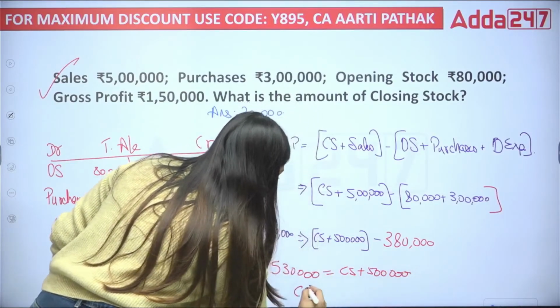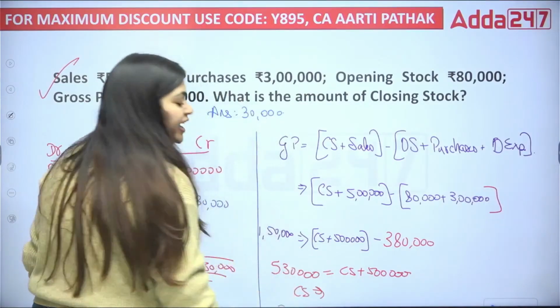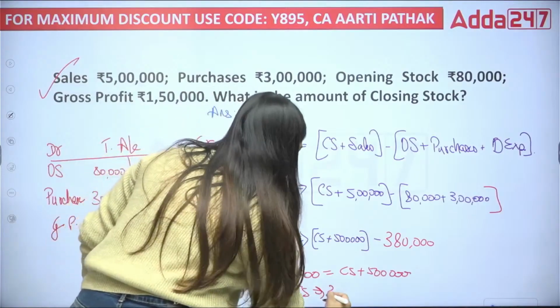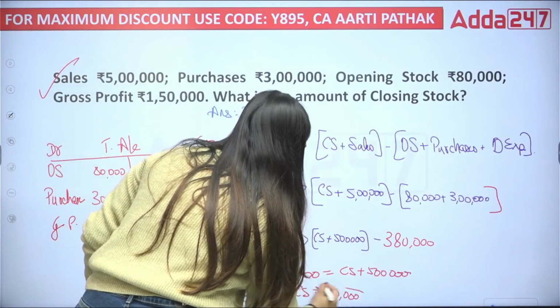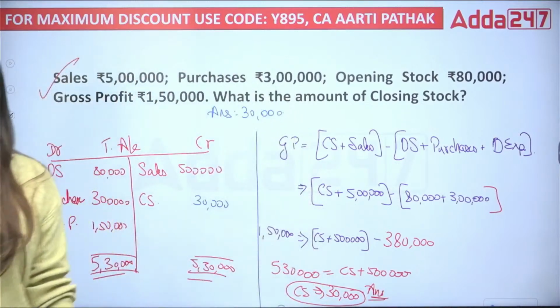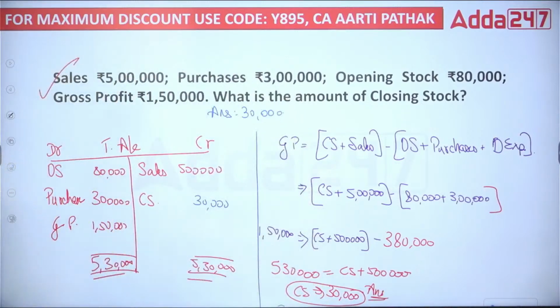So closing stock is equal to, if you take your plus sign to the other side, this will become negative. So closing stock is equal to 30,000. This is your answer. Yes, this is how we need to calculate gross profit or closing stock.